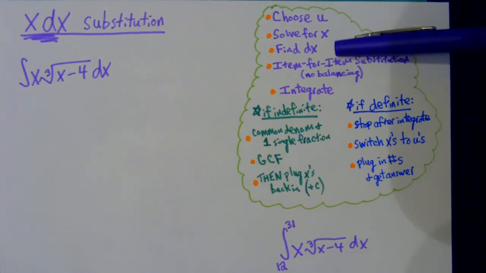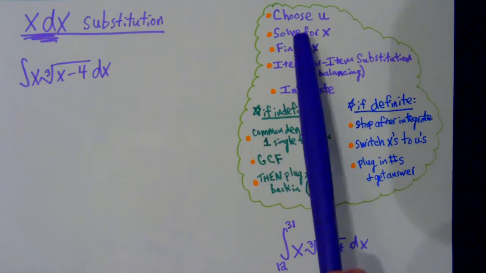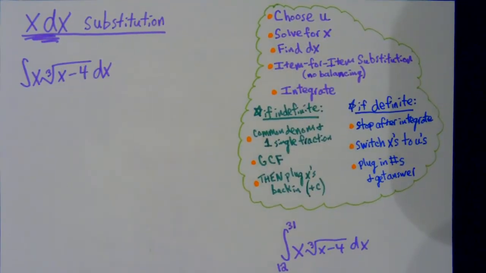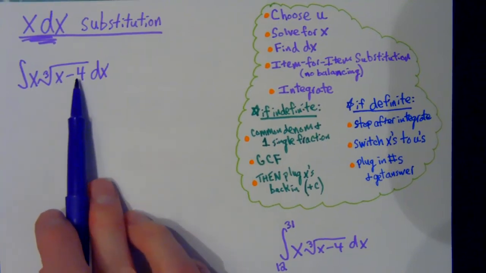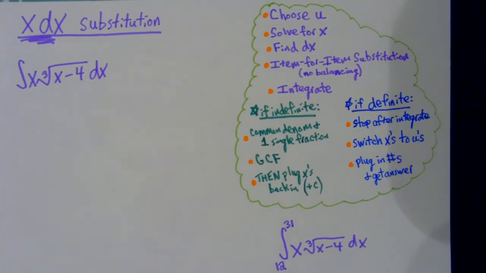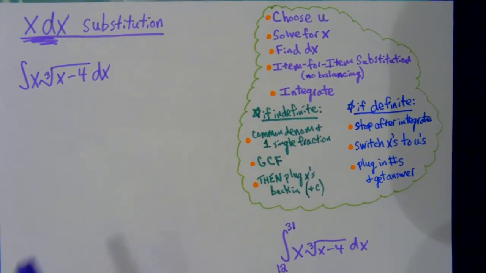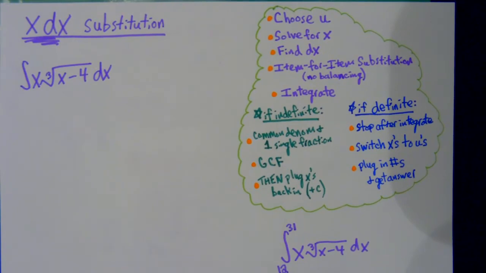With UDU, you probably didn't need the steps too much, but we're going to choose u. Now, when I choose u on an XDX problem, it will work if you let it equal just the inside part, but I'm telling you, you're going to have more fractions and fractional exponents on the inside of this integral, and I think the problem is always going to be worse when you do that.